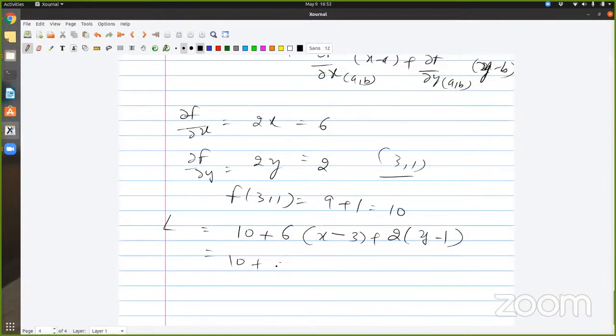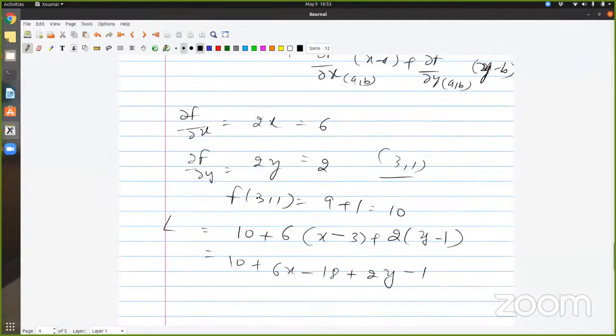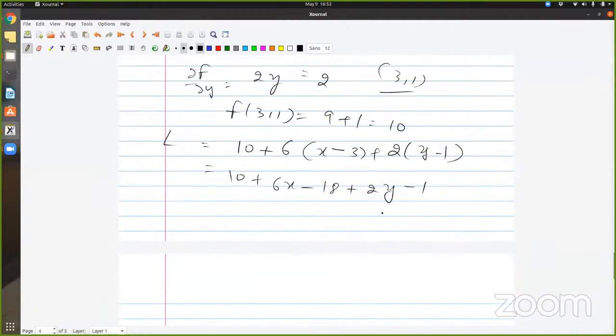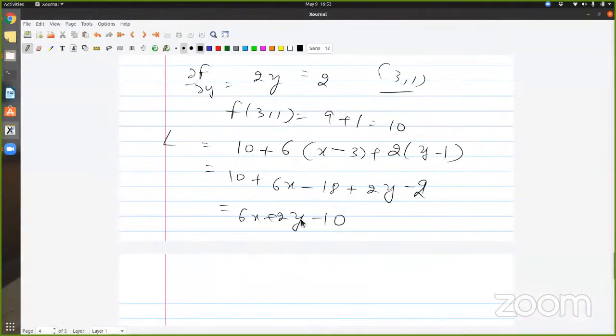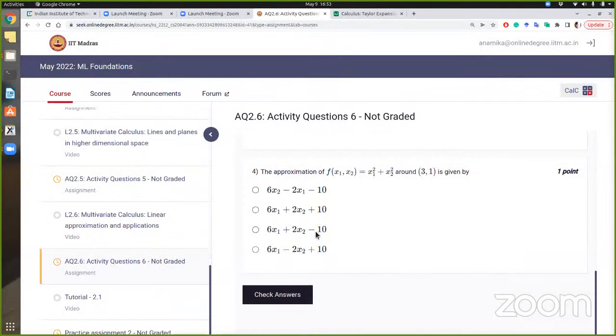How much does that come out to be? Minus 2. Oh yeah, correct. Thanks. Minus 2. So 6x plus 2y. How much is this? Minus 10. Yeah. 6x plus 2y minus 10. This should be good.